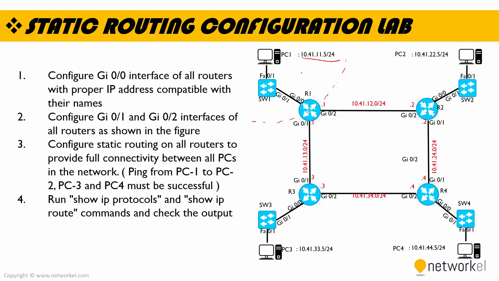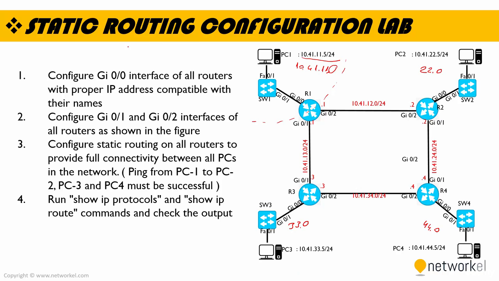I think yes. 10.41.11.5/24 means we have a network ID of 11.0 for here, right? Also 22.0 and 44.0 and 23.0 for the portion of this network.